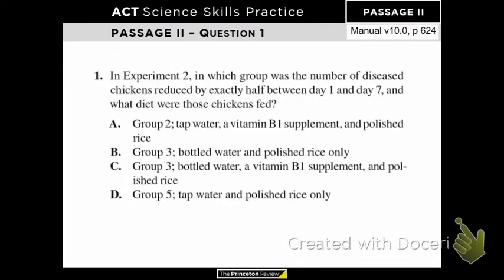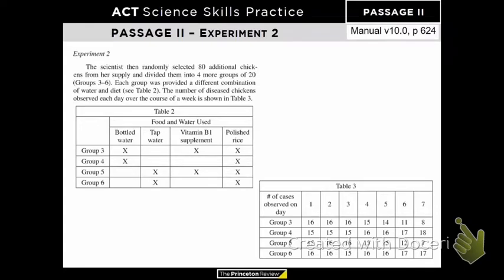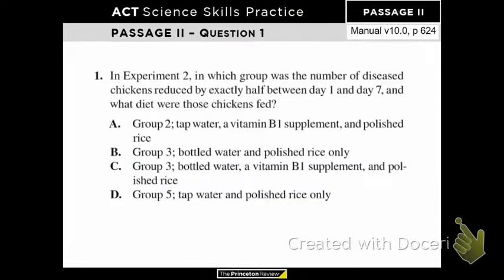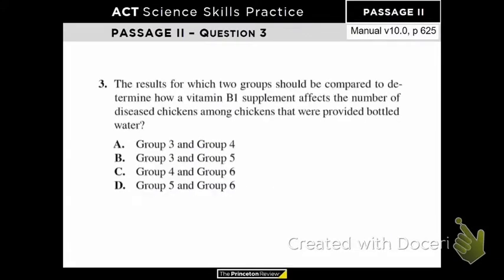So again, if I glance back here, it looks like groups 3 and 4 are the ones that had the bottled water. And out of those two, group 3 had the B1 supplement. So those are the two groups that we want to compare. So our answer should be A, group 3 and group 4.